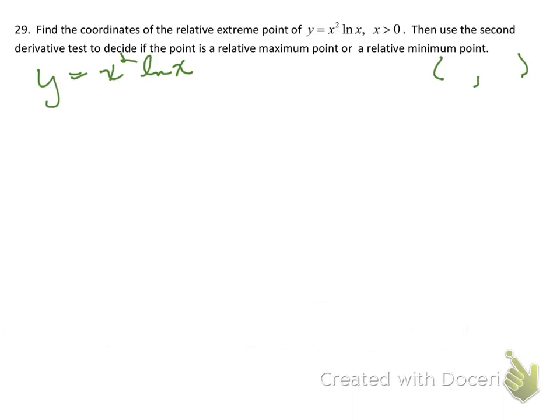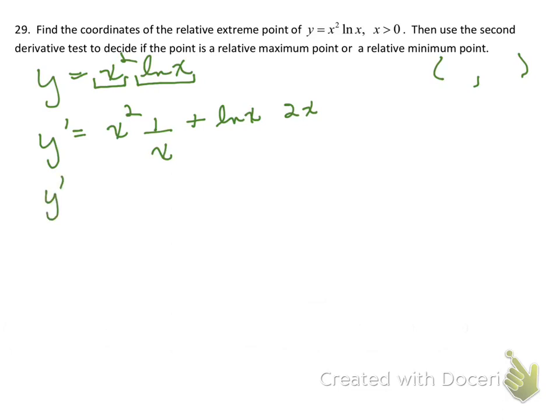So next thing you have to recognize is that this is going to be the product rule. So y prime equals left x squared d right plus right d left. Okay, so let's clean that up a little bit.